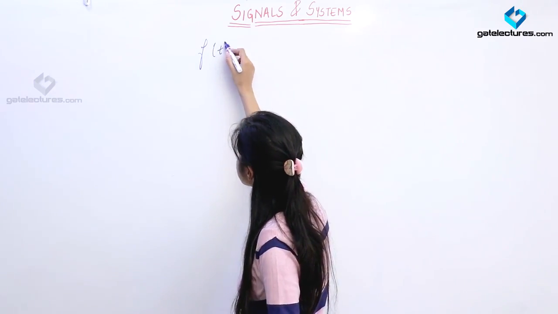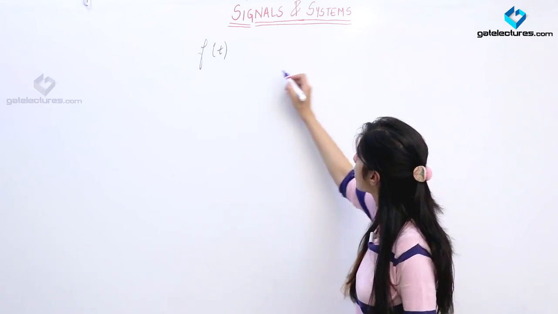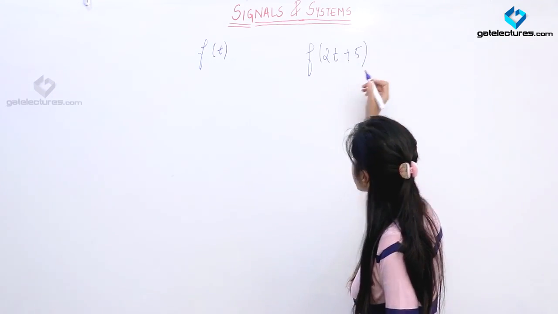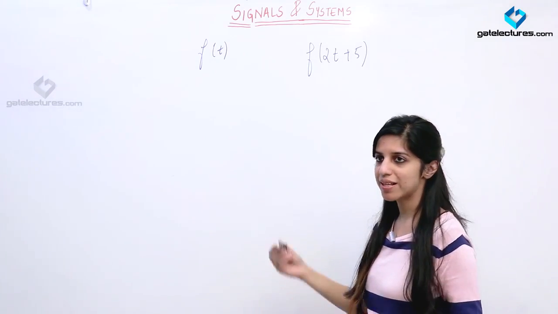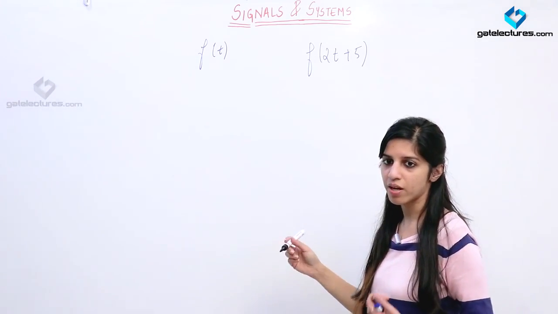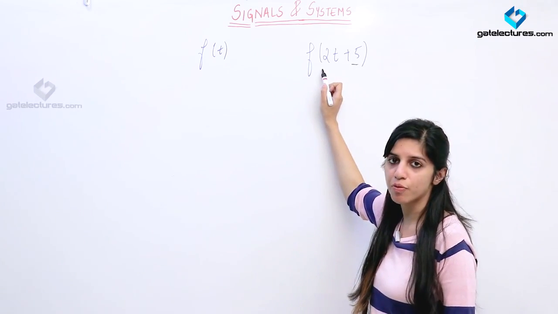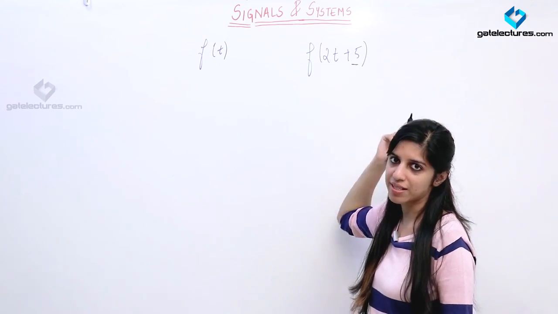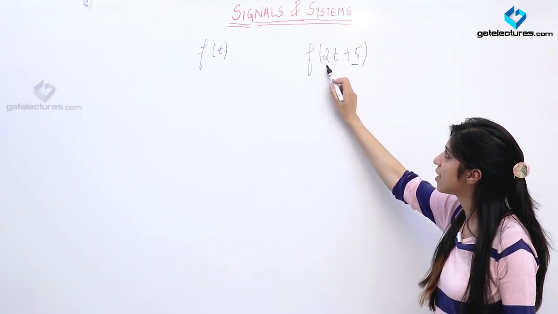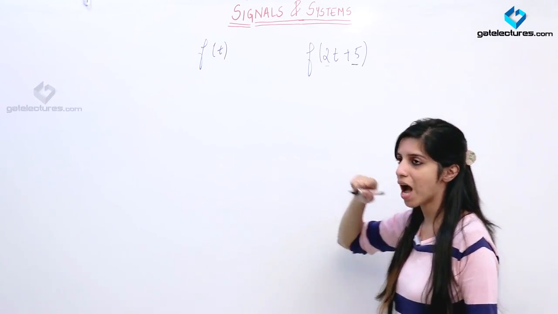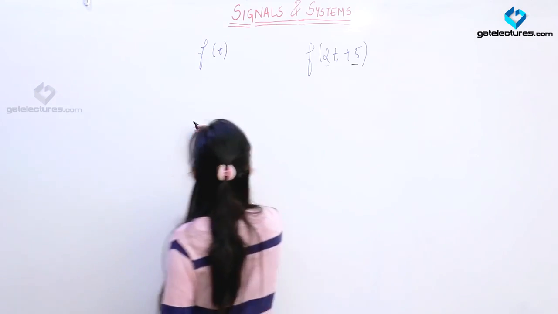So you had a signal f(t) and you are required to obtain f(2t plus 5). There are two ways of doing this. The first way would be to first perform the shifting, then the scaling. The second way would be to first perform the scaling, then the shifting. Let's do both of them and see how the order matters.